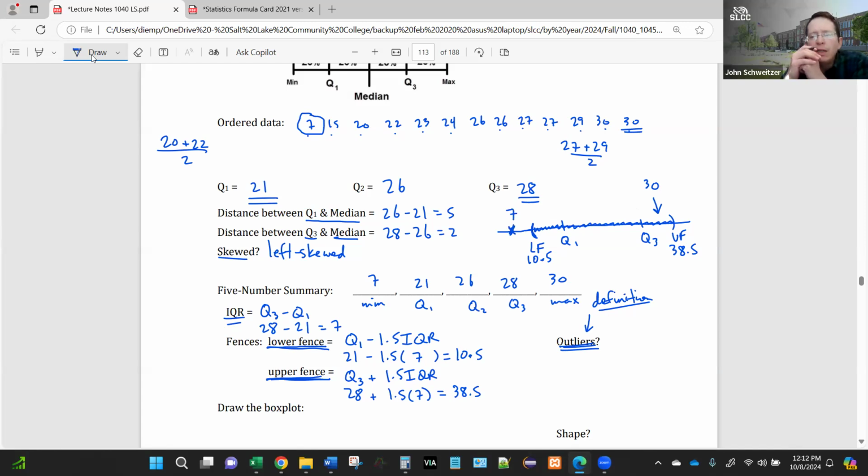Okay. 7 is an outlier. So you were right to think that that's our outlier. And now we've got the definition of outlier, the fences, to back us up here. 7 is less than 10.5. So it's an outlier.